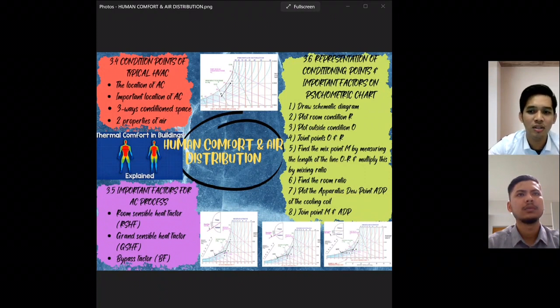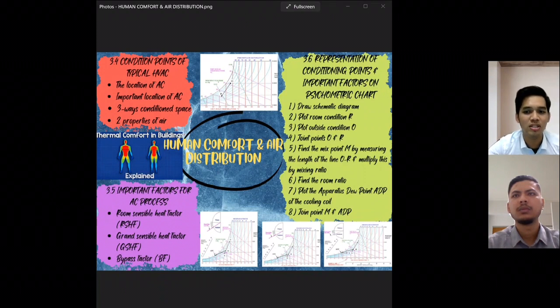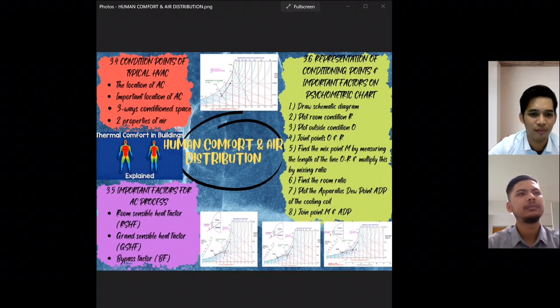There are 3 ways conditioned air is generally introduced into a room: outdoor air, 100% fresh air supply, mixing air, a combination of return air and outdoor air, and the last one is return air, which is the air returned from space. There are 2 properties of air, indoor air and outdoor air.